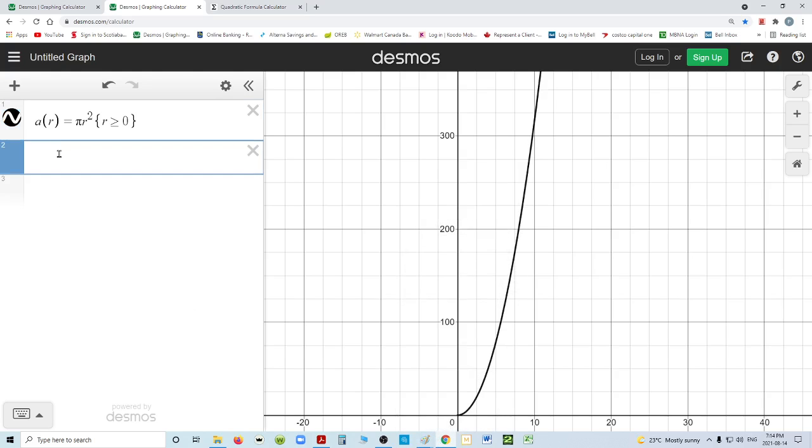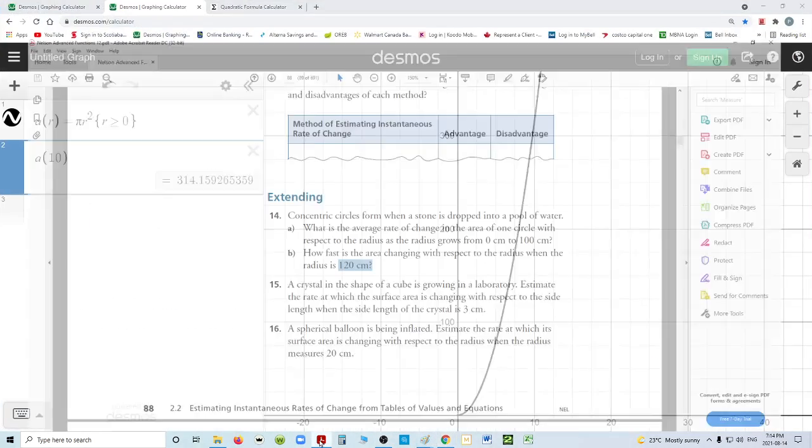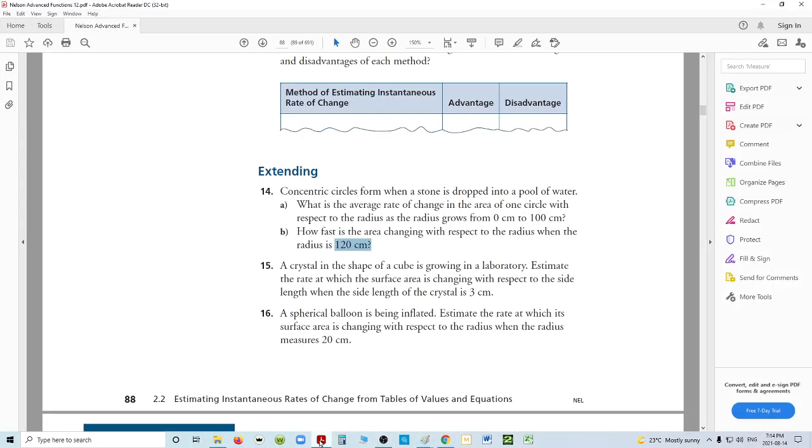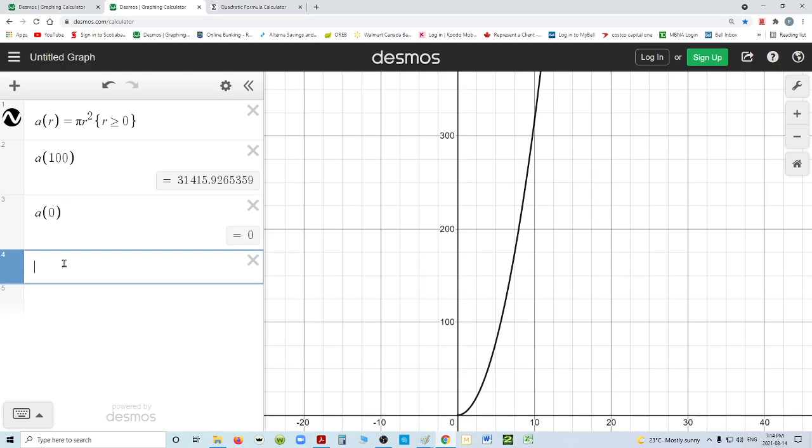So if I look at the area when the radius was 100, and I look at the area when it was 0, you can see that the rate of change is going to be 31,415.9265 divided by 100.